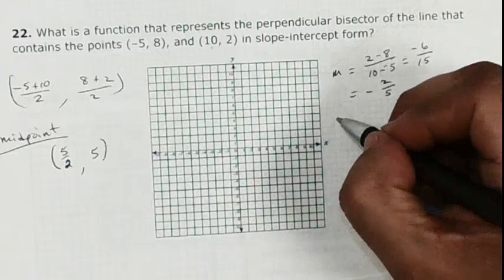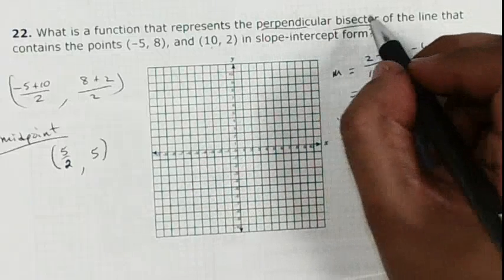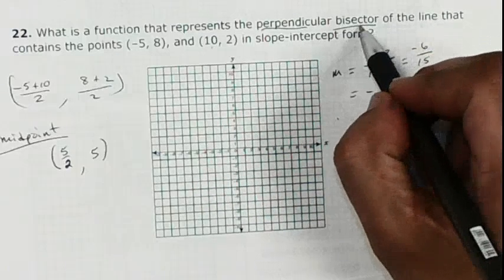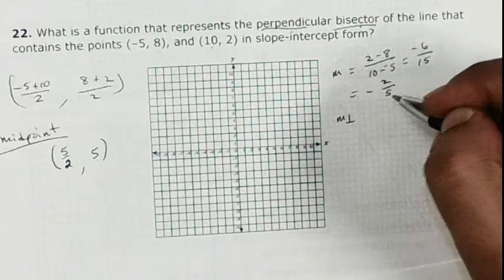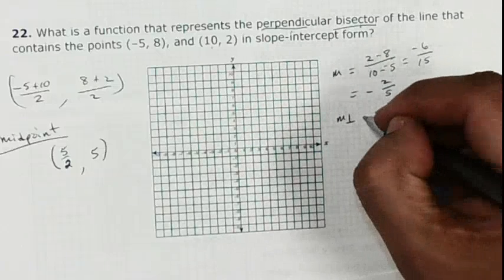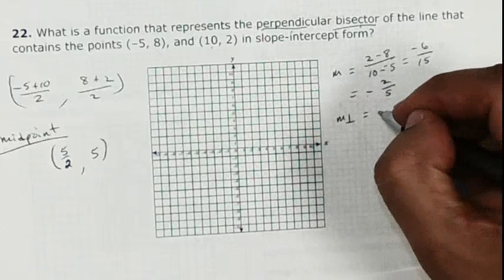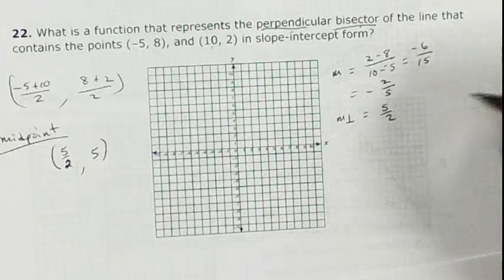Now, because it wants a perpendicular bisector, well, the bisector was why we needed the midpoint. Perpendicular means I need to find the slope, and then change the sign and flip it. So since this is negative, the perpendicular slope is going to be 5/2.